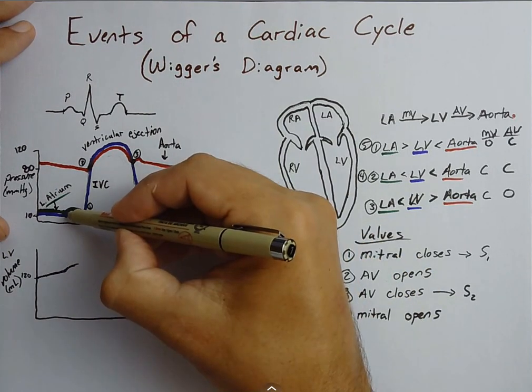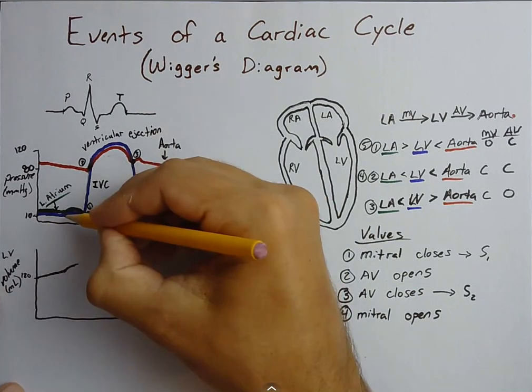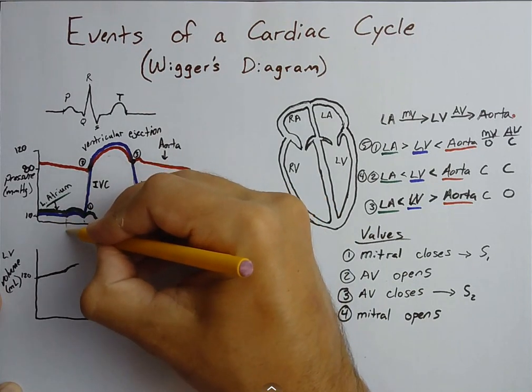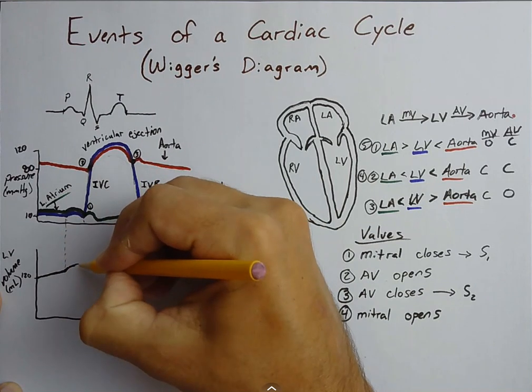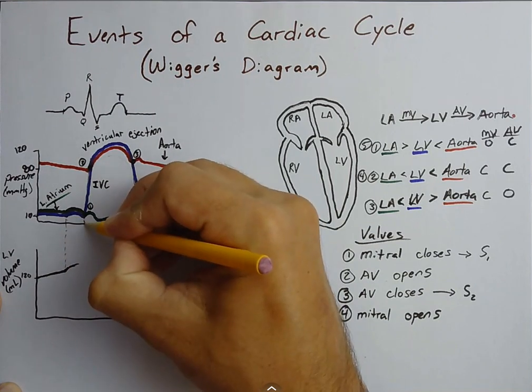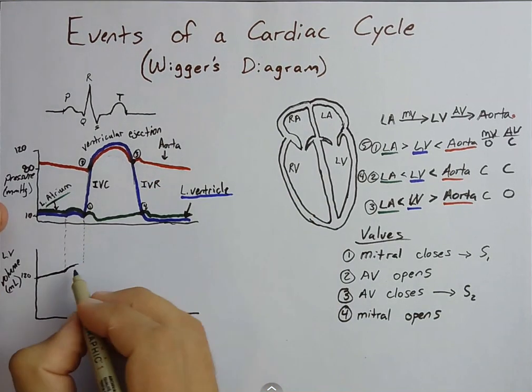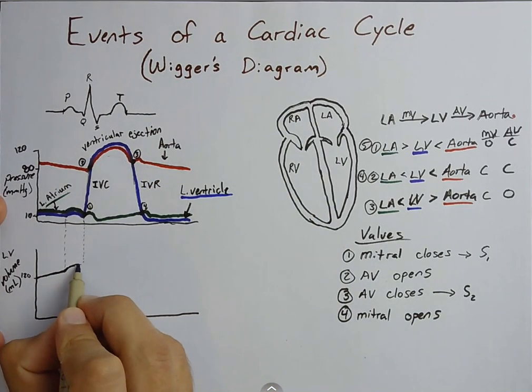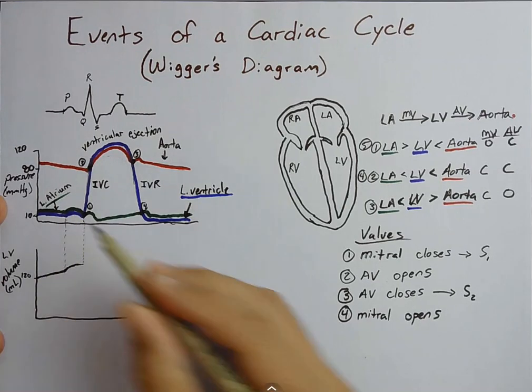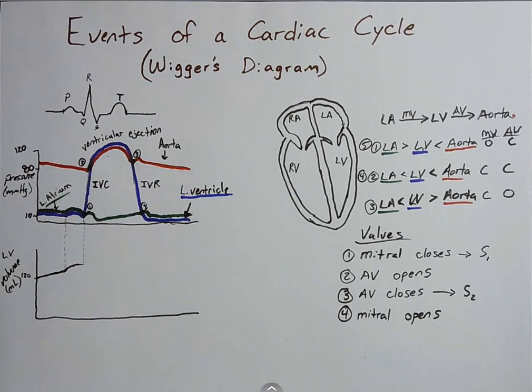And we can start lining this up, and I'll do that using pencil. At the beginning of atrial contraction, we're going to get a little burst of blood that is going to enter that left ventricle. And it's going to continue to increase the volume until the ventricle starts to contract.